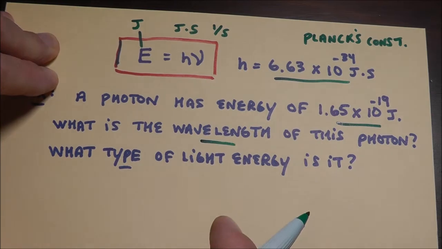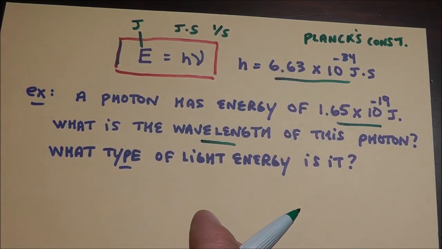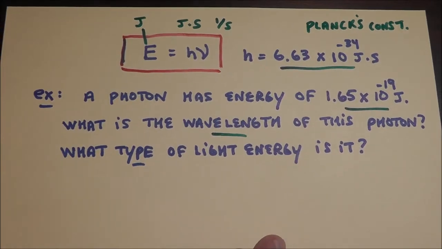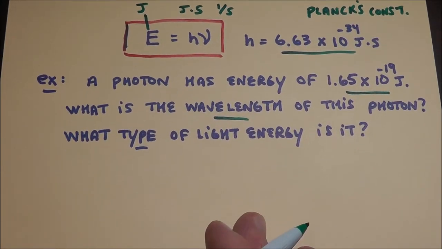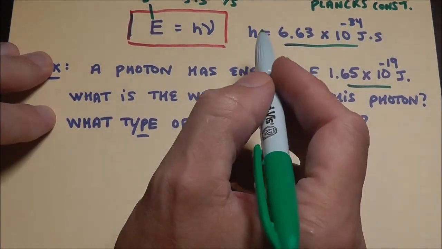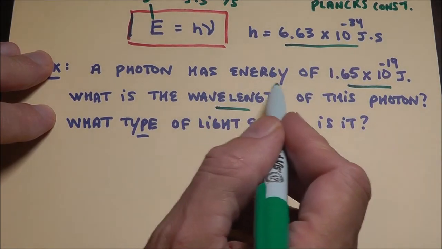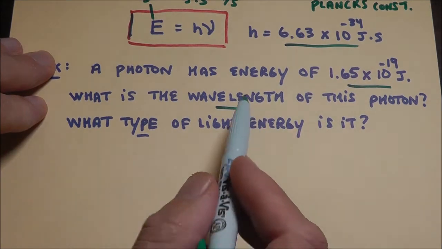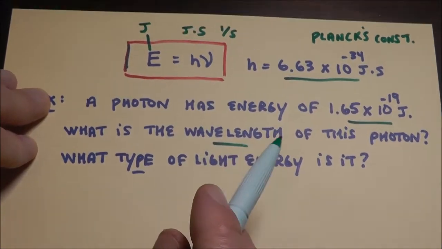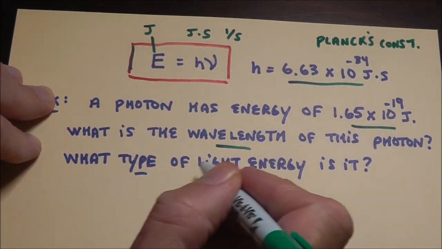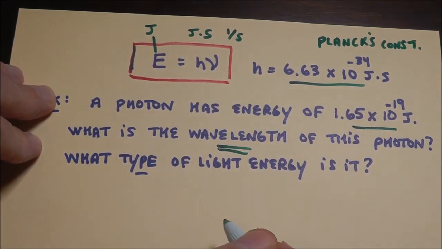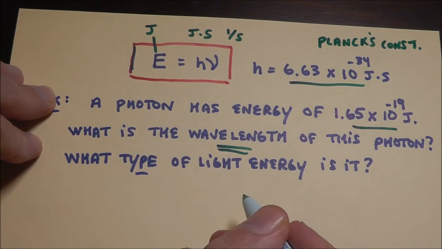But uh-oh, here's energy. They want wavelength. So I'm going to have to recall this equation to solve this, but I'm going to take it stepwise, and I'm just going to solve for what I can. I have H, I have energy, so I'm going to solve for frequency. Now, frequency doesn't give me the wavelength, but I can then take the frequency, and using the equation we just used before, I can find the wavelength.